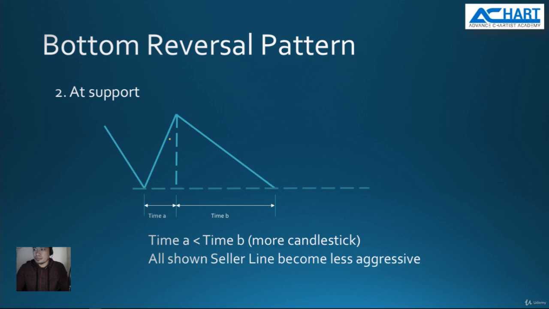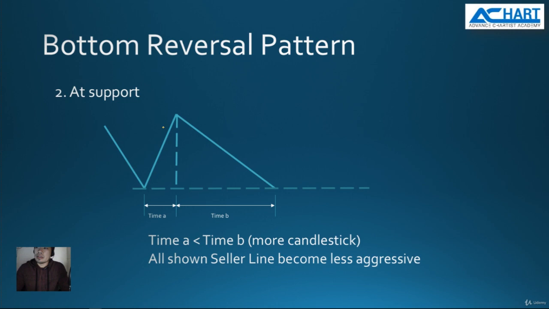The second type of bottom reversal pattern is where the seller finishes at the support level. So why is this a potential reversal upward?